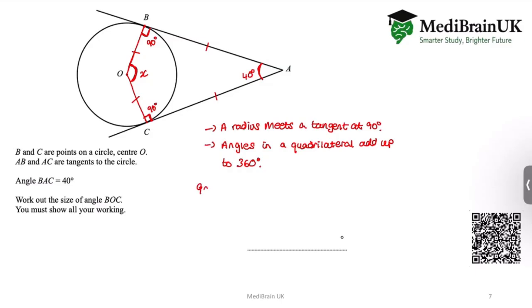So we know that 90 plus 90 plus x plus 40 must be equal to 360. Okay, 90 plus 90 is 180. 180 plus 40 is 220. 220 plus x equals 360. So that means 360 subtract 220 equals x, which is equal to 140. So x is equal to 140 degrees.